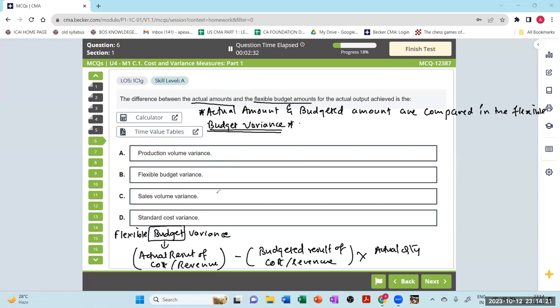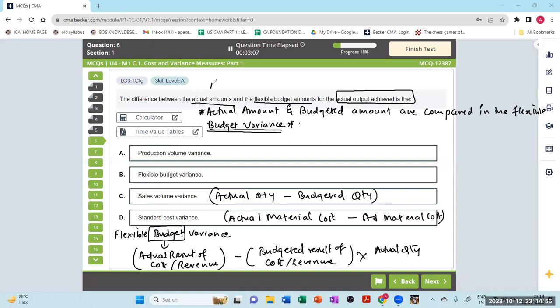Sales volume variance: actual quantity minus budgeted quantity. Standard cost variance: actual material cost minus standard material cost in total for the actual output achieved. For the actual output achieved means what?